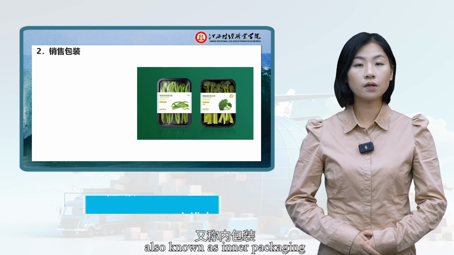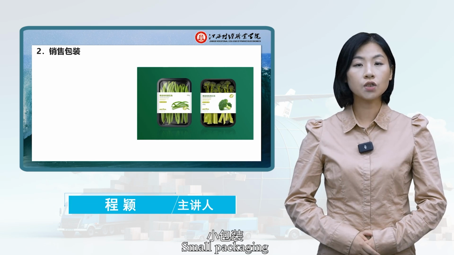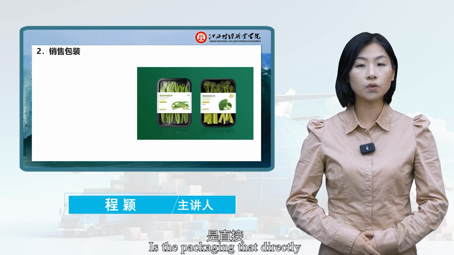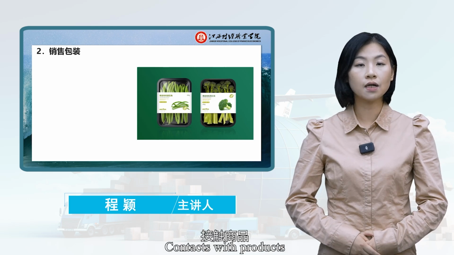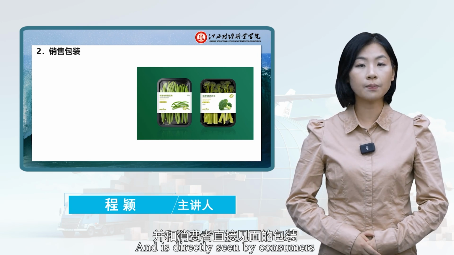Sales packaging, also known as inner packaging, small packaging, or direct packaging, is a packaging that directly contacts with products and is directly seen by consumers.